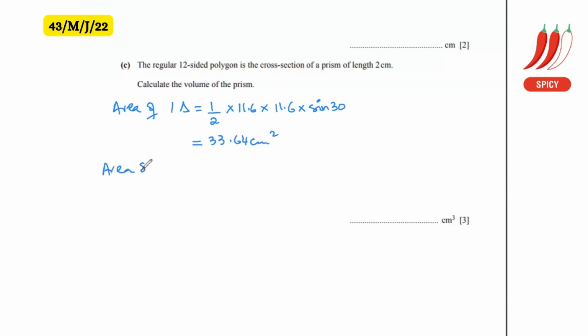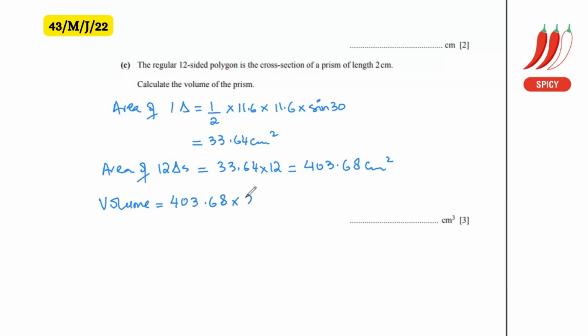Then area of 12 triangles would be 33.64 times 12, which equals 403.68 centimeters squared. So volume is basically the cross-section area times the length. Cross-section area is 403.68, length is 2, and that gives us 807.36 centimeters cubed. That is the volume of the prism.